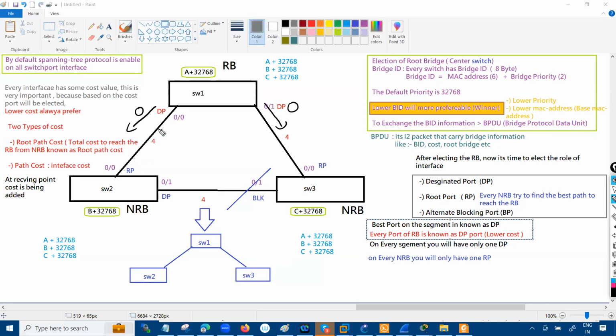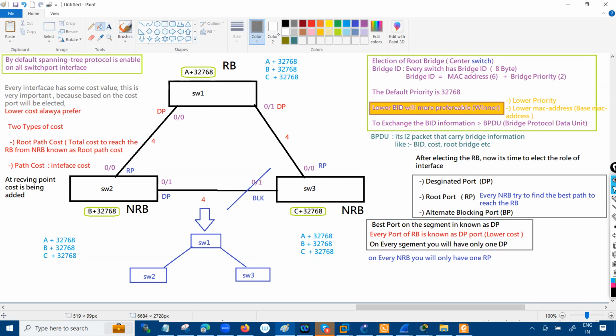Of course this one, because when this interface is trying to reach the root bridge, the cost is 0, but when the other one is trying to reach the root bridge, the cost is 4. So the lower cost becomes the DP. Every segment has only one DP.